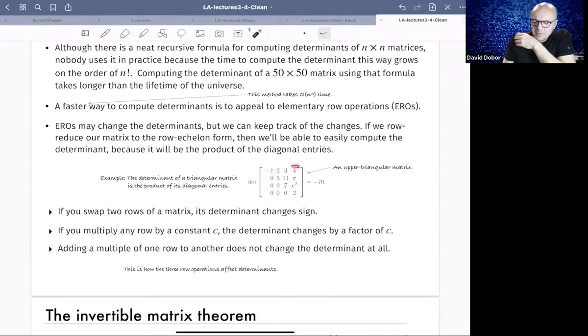So if you have a matrix that is upper or lower triangular, what is a lower triangular matrix? You have a matrix something like that, with these entries.